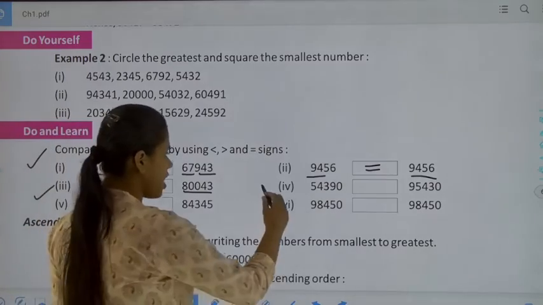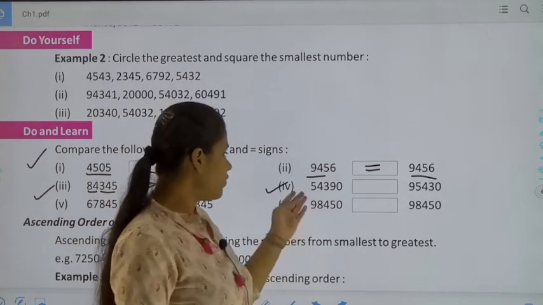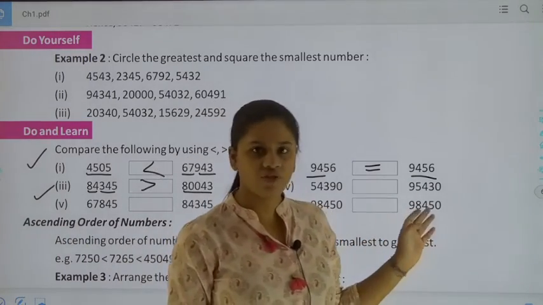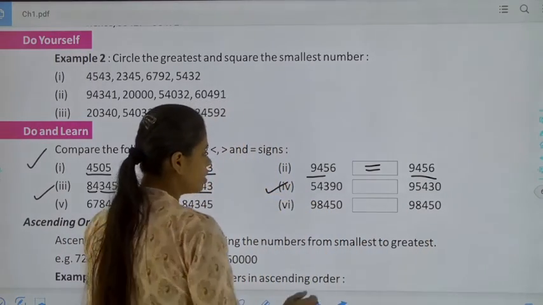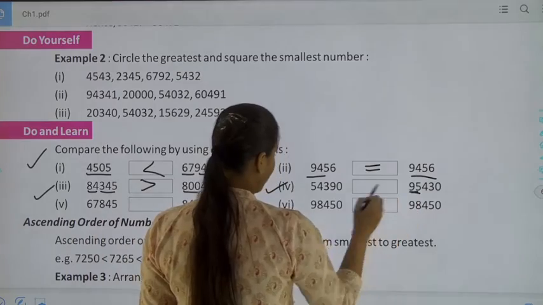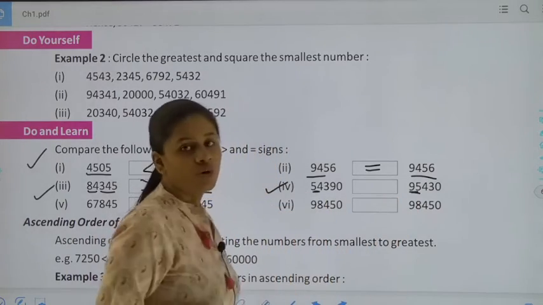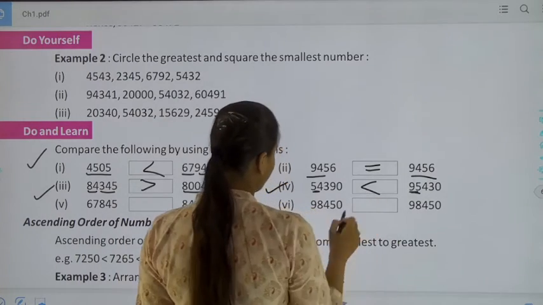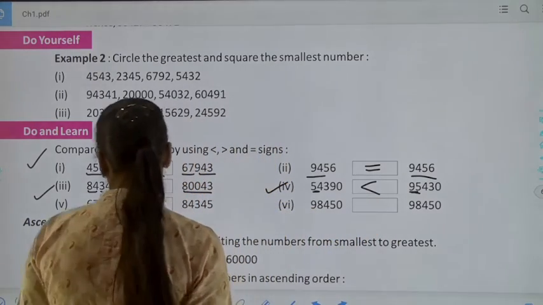Now move to the next, that is 54,390 and 95,430. So students, this is 95 and this is 54. Which one is the greater? That is 95,430.